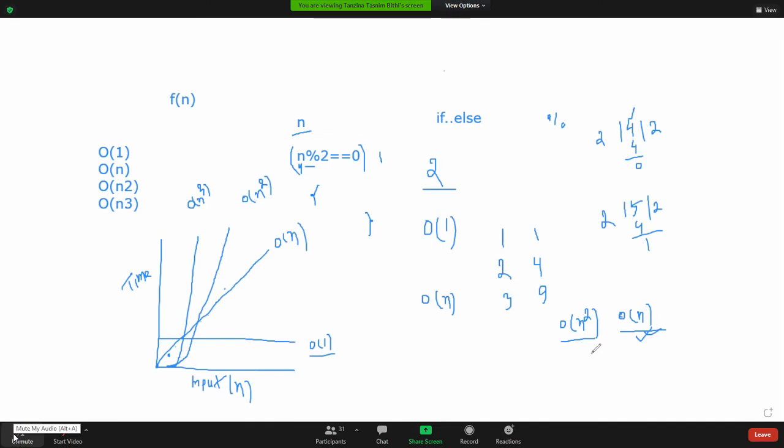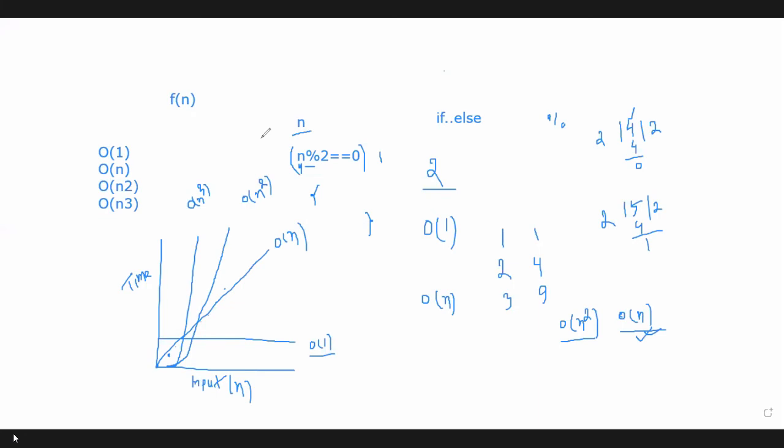Okay, another case can happen. Suppose you are writing a large program where you have to use different types of loops. Suppose in one section you are using a nested for loop. In another section, suppose you have to write a while loop or do while loop. So at that time, how can we measure the time complexity of that program?